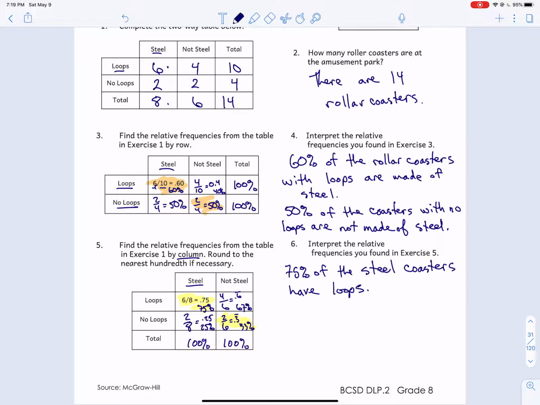Okay? And then the other one was 33%. 33% of the, I don't know, we could say non-steel, or of the roller coasters not made of steel. And then what do we say? Do not have loops.